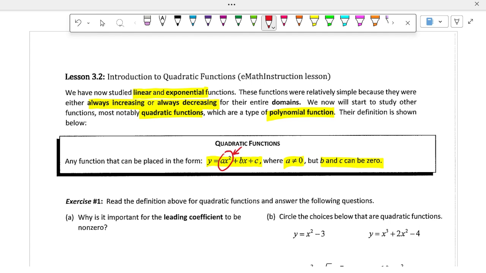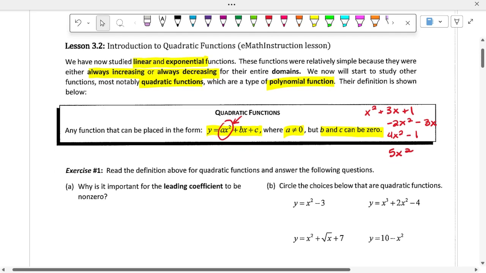Some examples: x squared plus 3x plus 1, negative 2x squared minus 3x, 4x squared minus 1, or just 5x squared.